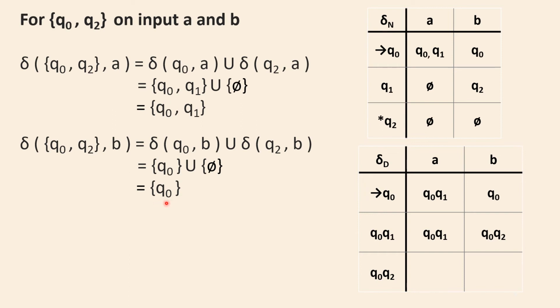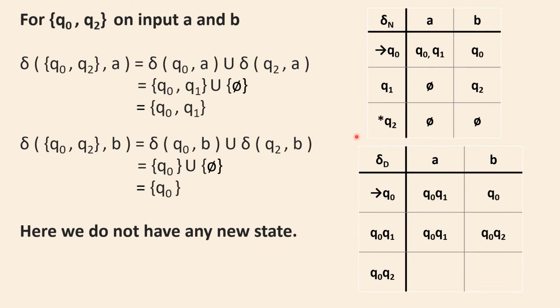So I have Q0 union null, which is nothing but Q0. So here I have Q0 Q1 which we already have, and here I have Q0 which we already have as the start state Q0. So I do not have any new state.